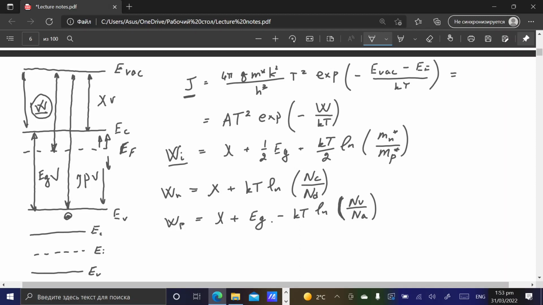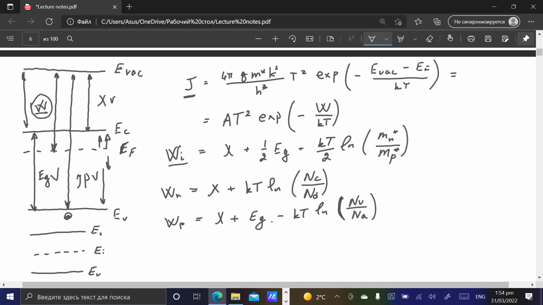Assuming again that all of them are ionized at the given temperature at which we consider it. Most likely that temperature will be 300 Kelvin, something around room temperature. So now the question: from your feeling, if we pick silicon, for instance, the same material, N and P type, in which case will we have a larger work function?